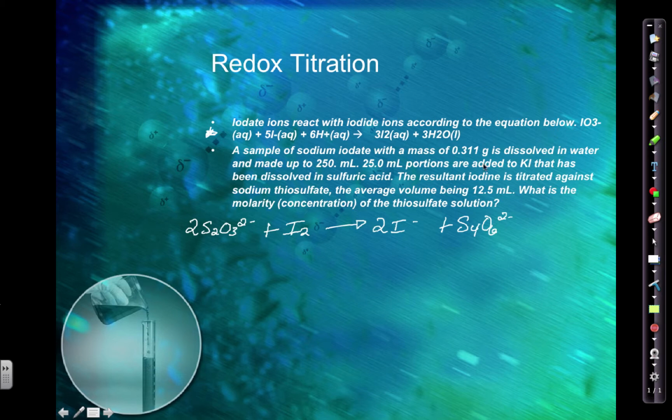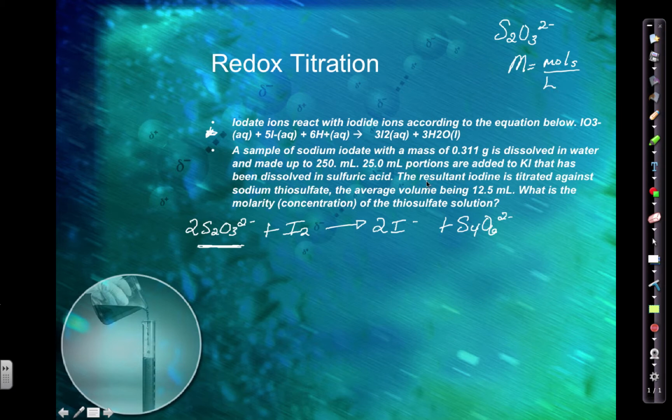So let's see what information I'm trying to get. I want to know the molarity of the thiosulfate. So the thiosulfate is this. I need to know what the molarity is. If I want the molarity of thiosulfate, I need two things. I need to know the number of moles, and I also need to know the volume.